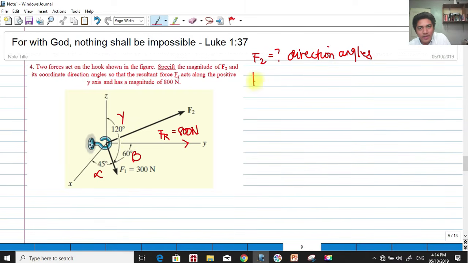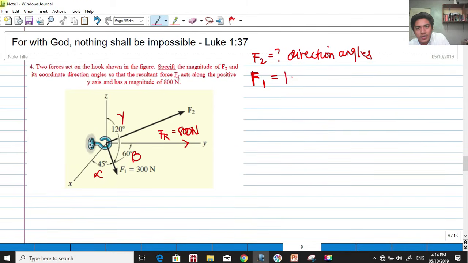So we can write F1 as, again, the vector F sub 1, in terms of its Cartesian vector form, because we all know the alpha, beta, and gamma.